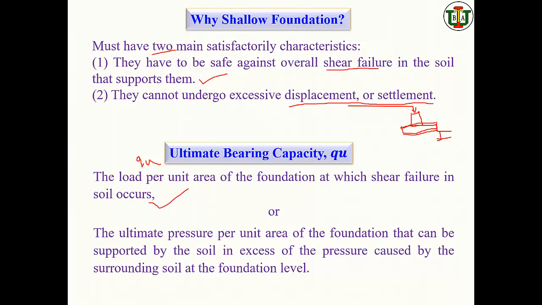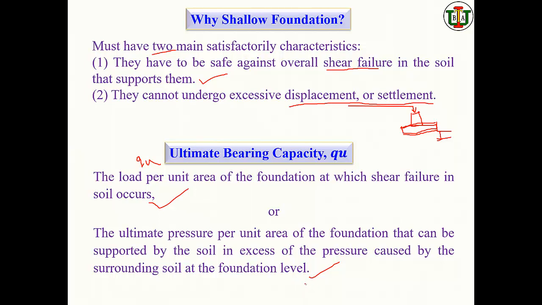And the ultimate pressure per unit area of the foundation that can be supported by the soil, in excess of pressure caused by the surrounding soil at the foundation level. Okay, so I'm repeating again: the ultimate pressure per unit area, that is again the stress of the foundation, that can be supported by the soil in excess of pressure caused by the surrounding soil at the foundation level.